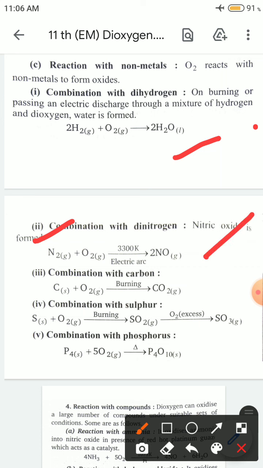It combines with carbon to form carbon dioxide: C plus O2 gives CO2. It combines with sulfur, first forming sulfur dioxide, S plus O2 gives SO2, and with excess O2, SO3. It combines with phosphorus to form phosphorus pentoxide: P4 plus 5O2 gives P4O10.